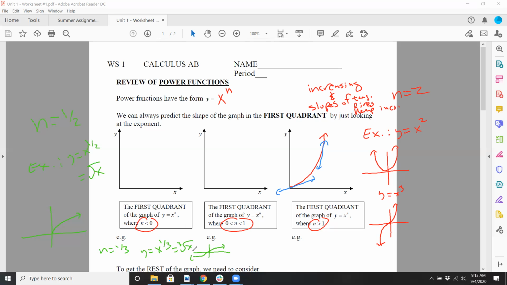Because you could plug in negative numbers. You couldn't do negative numbers for root x, but you could do negative numbers for cube root of x. But the bottom line is that the first quadrant will always look like this. Now, in this case, it is also an increasing function. But the slopes of tangent lines decrease.